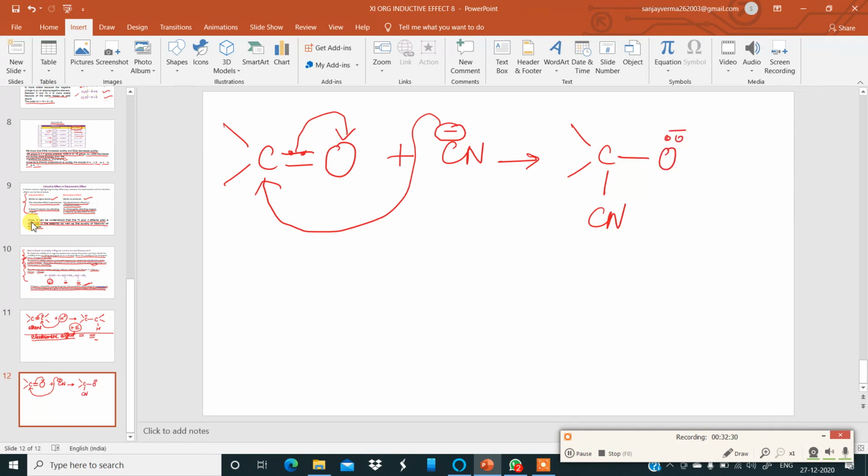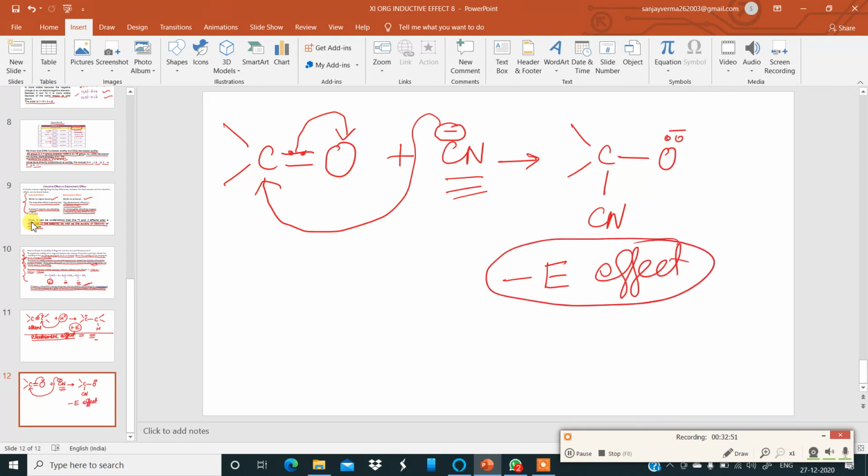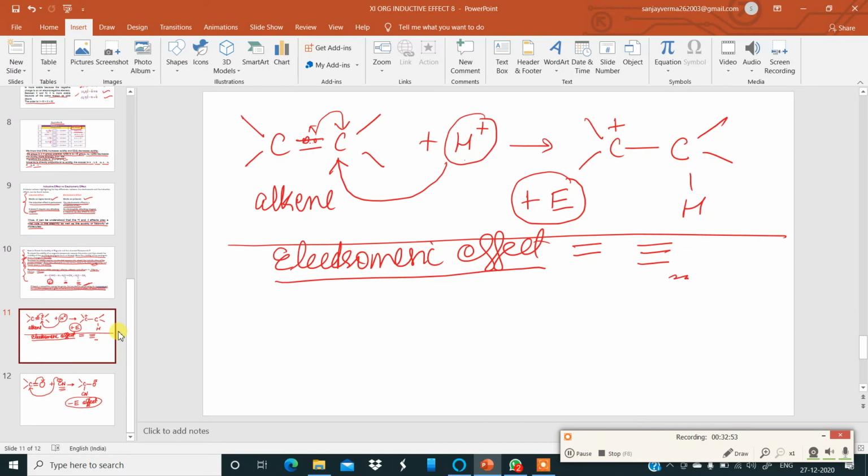So here you can see, whenever there is an attacking species like this, which is causing the displacement of the electron pair to the more electronegative atom, such an effect comes under the minus E effect. In the plus E effect, the attacking reagent attacks the carbon on which the electron pair is coming.